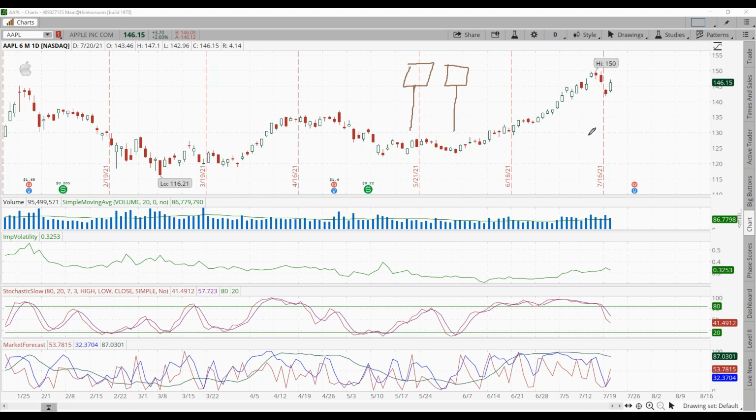One is a hammer. This is an inverted hammer. And this is a shooting star, falling star. What's the difference? The hammer I would expect to find at support. The hanging man I would expect to find at resistance.